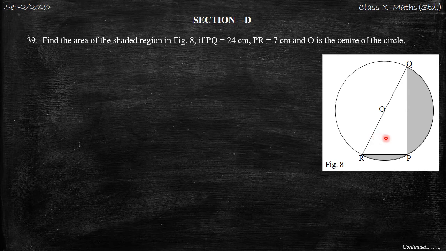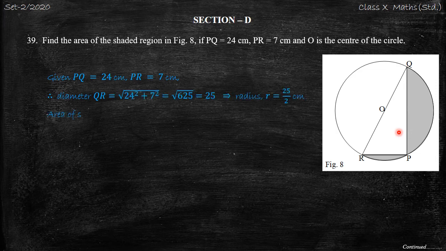An angle inscribed in a semicircle is a right angle, so angle P is a right angle. Then these two sides are given, so we can see the diameter is 25 and radius is half of that diameter.